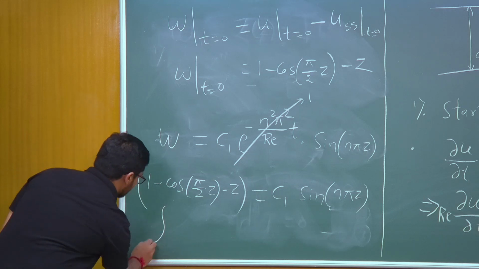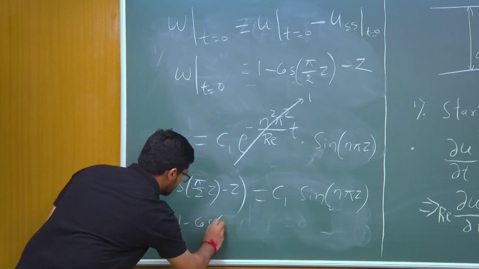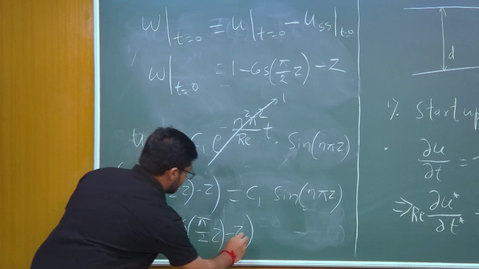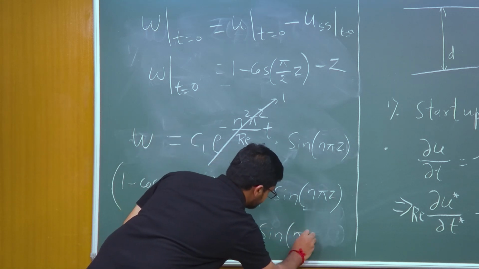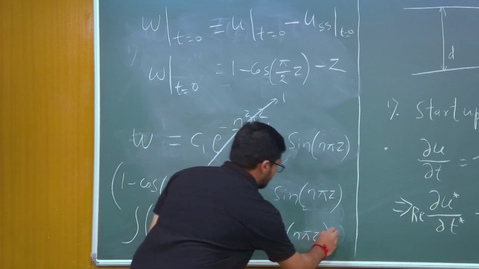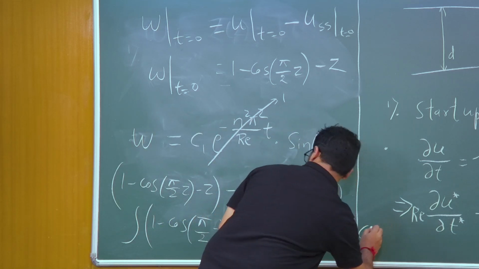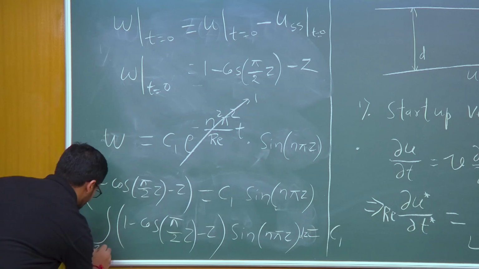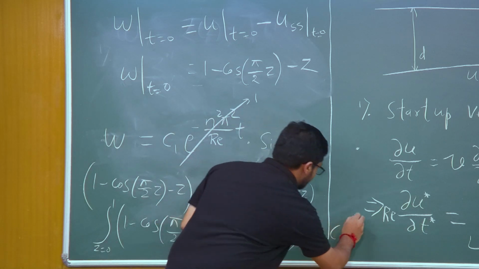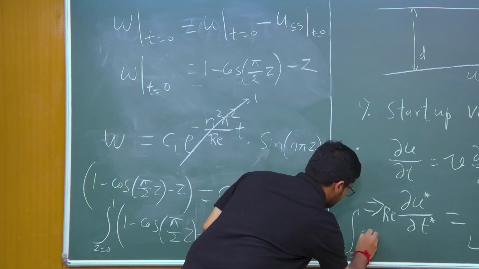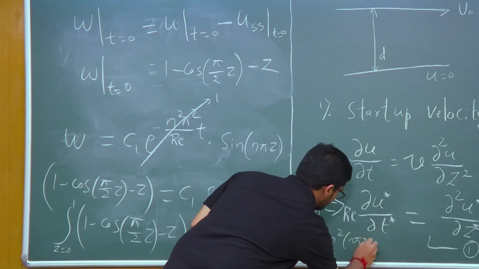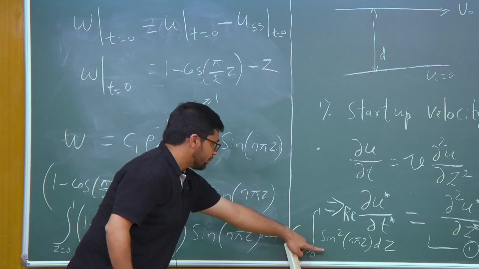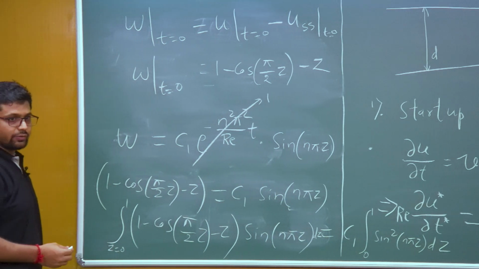So you will multiply 1 minus cos pi by 2 z minus z by sin n pi z on both sides and integrate with respect to z from 0 to 1, and this side will be C1 times the integral from 0 to 1 of sin square n pi z dz. So, C1 will be nothing but this integration divided by this integration, and that is what I had done in Mathematica also.